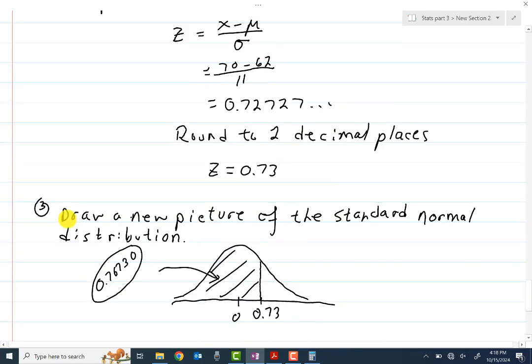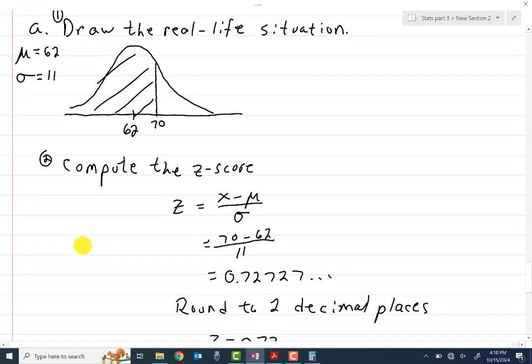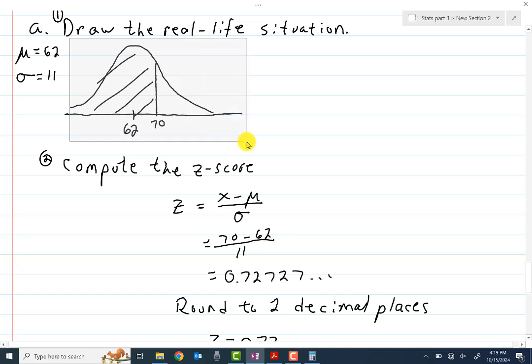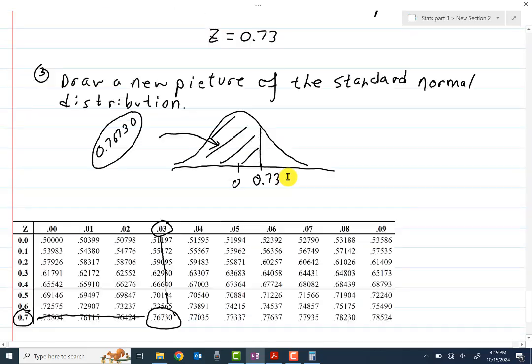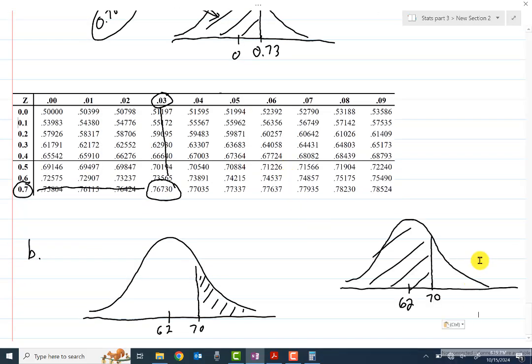Let's go up to the other table here. This one here, we've already done. That was the 0.76730.